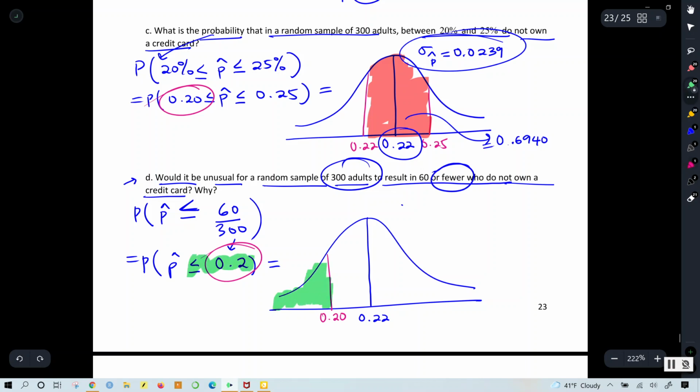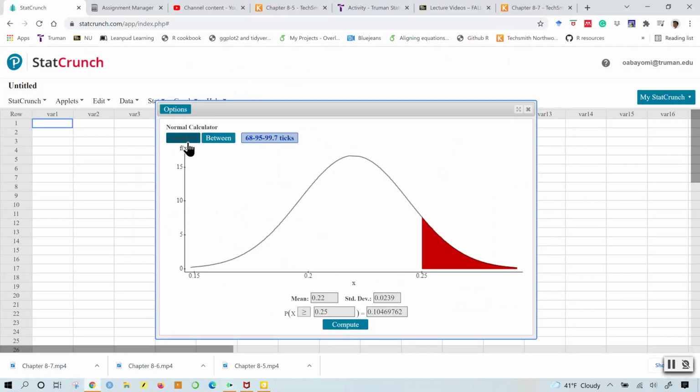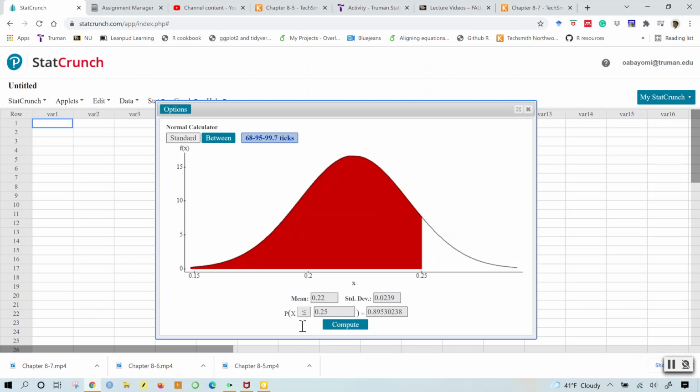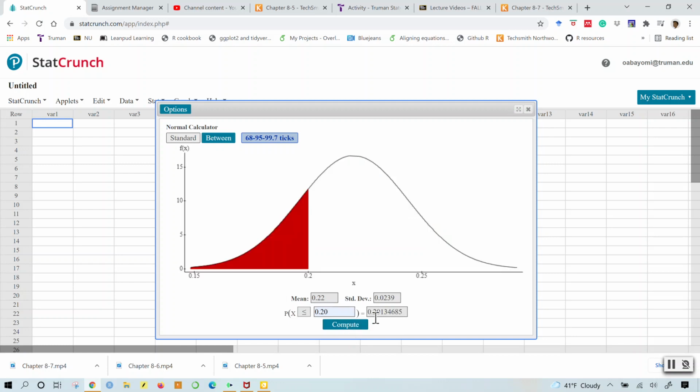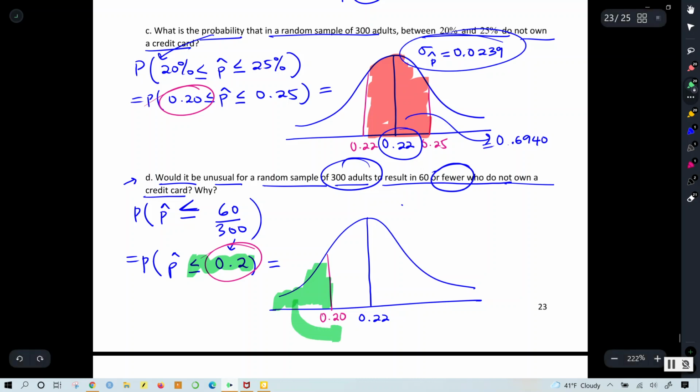So let's see. In this case, I'll go back to StatCrunch, go to the standard interface, change this to less than or equal to, and 0.20, and compute. In this case, I have 0.2013. So this region is equal to 0.2013.